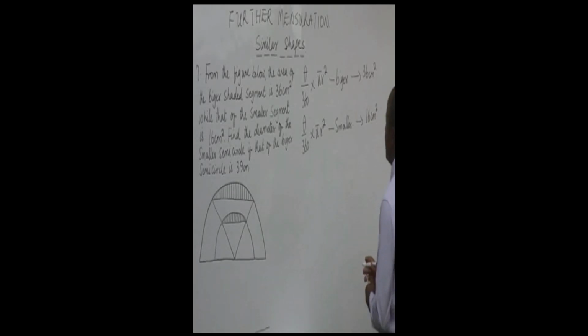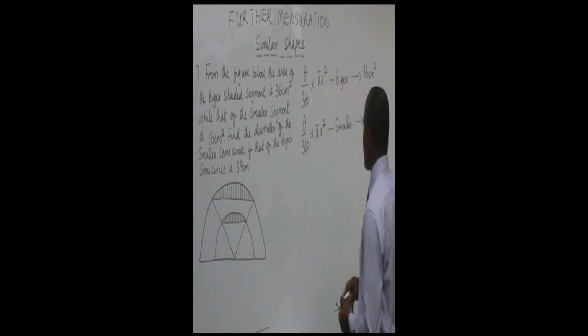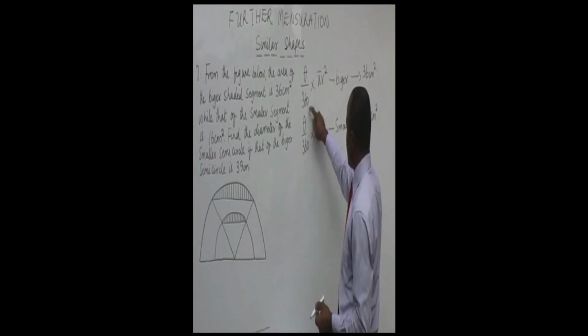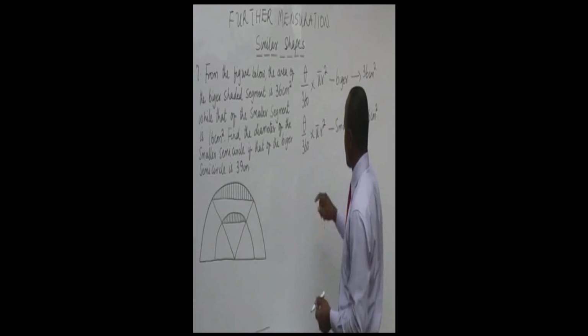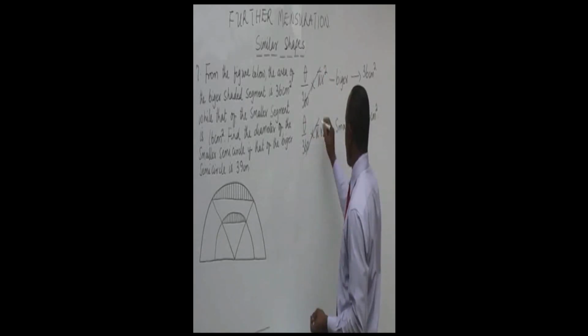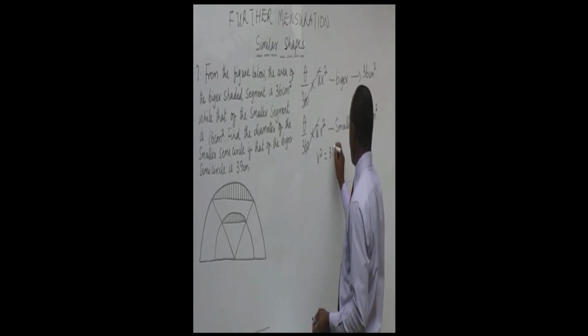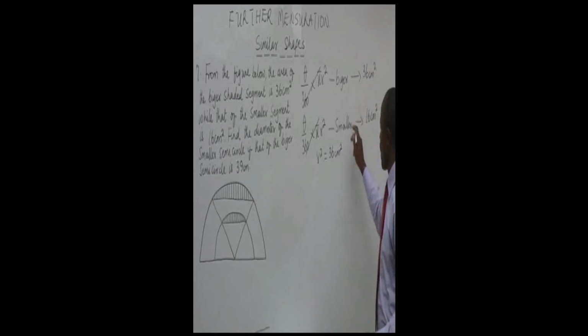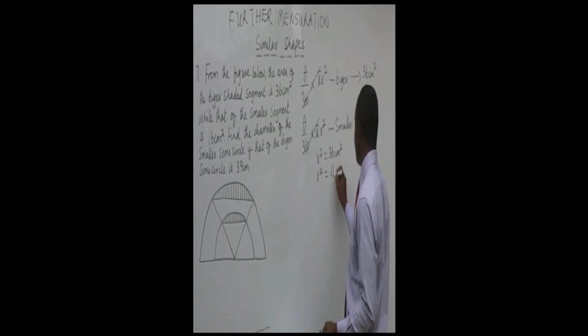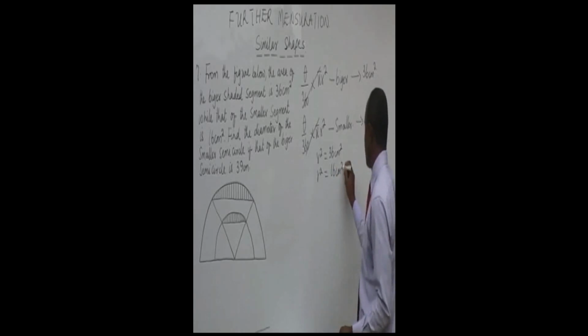In this manner, you find that theta is common, theta over 360 and pi are common in both. If you remove them, for the bigger you have r squared is 36 cm squared, and for the smaller r squared is 16 cm squared.